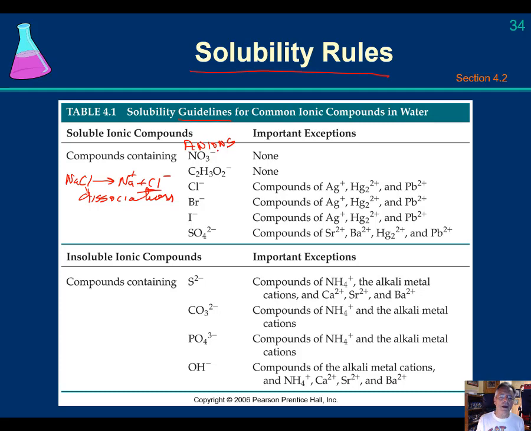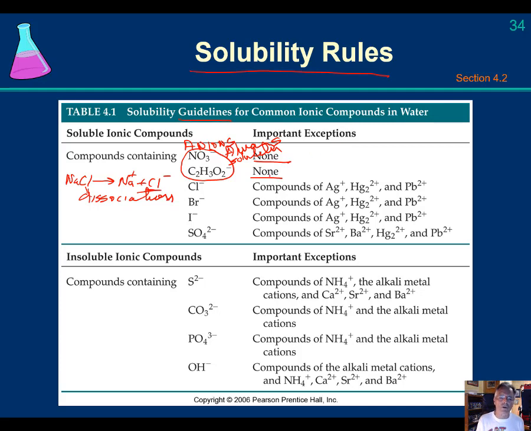Now, if an ionic compound has, let's say, nitrate or acetate, these are always soluble. What do we mean by that? We mean that they always will dissociate completely into their ions. There are no exceptions. That's why I have none over here under the important exceptions.